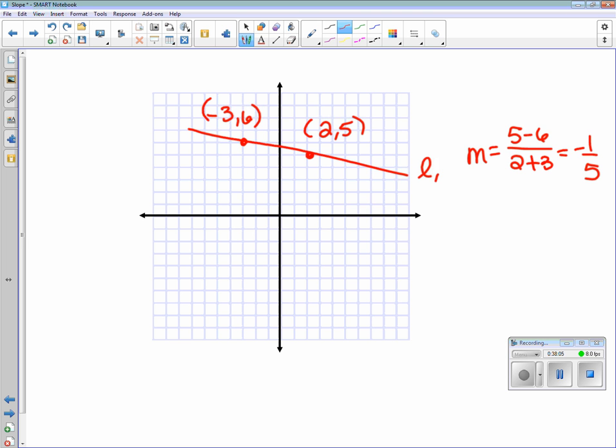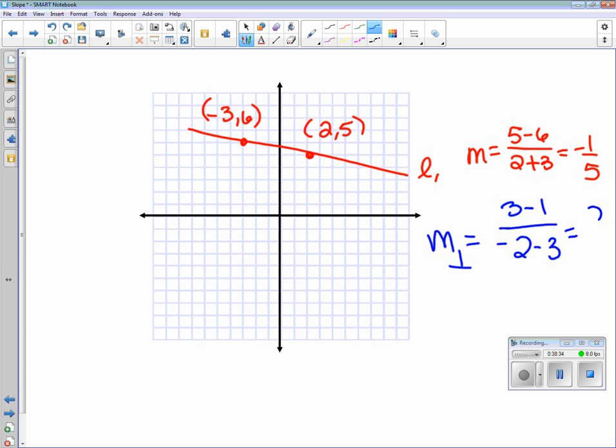So it says I want to figure out which pair would be perpendicular. You can use the graph if you want, or I could just use the formula. So let's check Jared's answer and make sure that he chose the right pair. If you look at answer choice D, it's going to be 3 minus 1 over -2 minus 3.